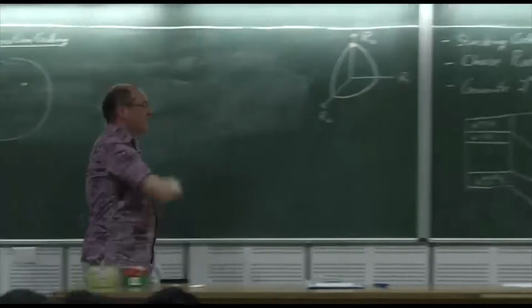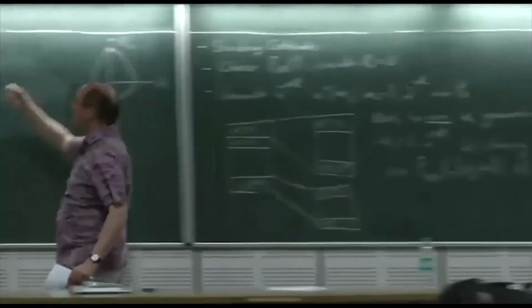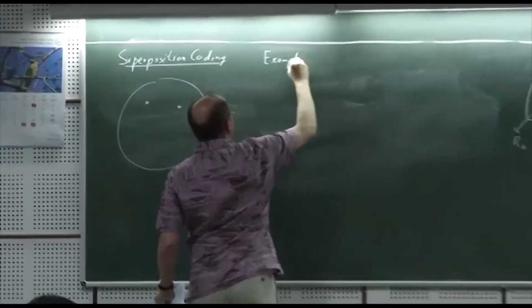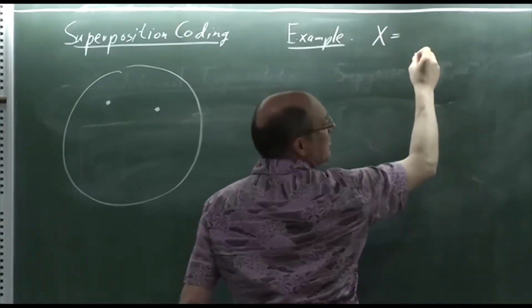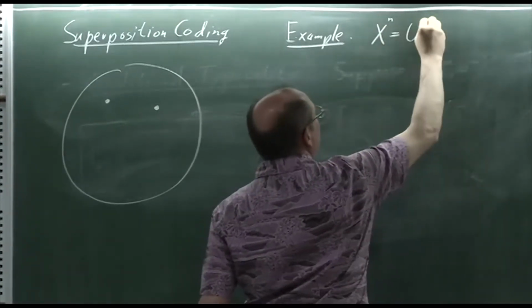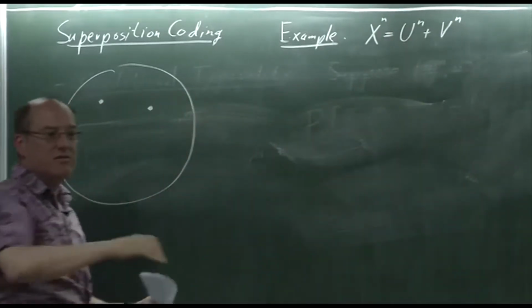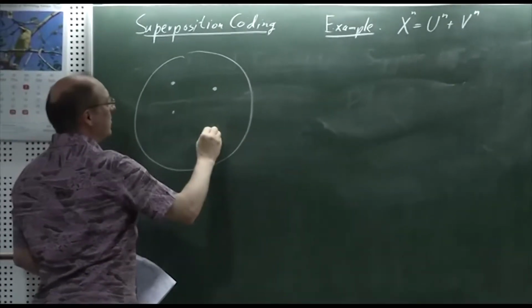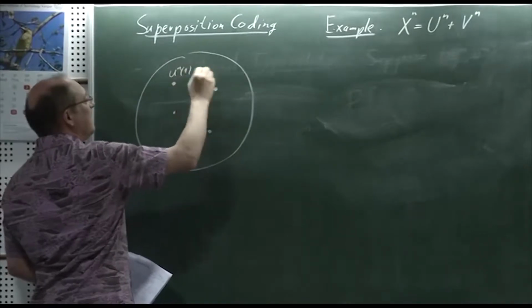For example, this might be easier to see if we think of a Gaussian additive channel. Suppose we choose x^n to be u^n plus v^n, where v^n is some additional code words. Then the u^n's, the base code words, represent cloud centers, so this might be u^n(1), u^n(2).